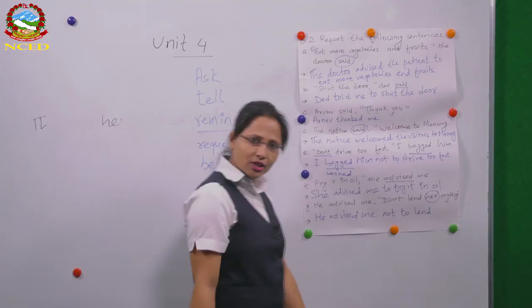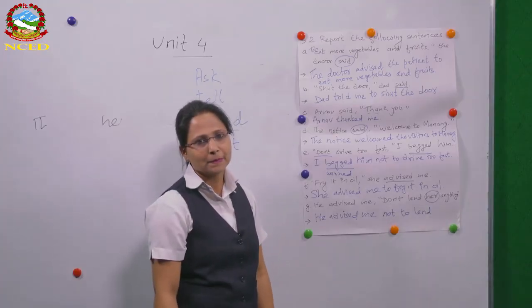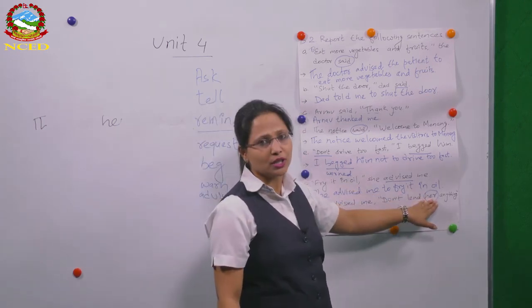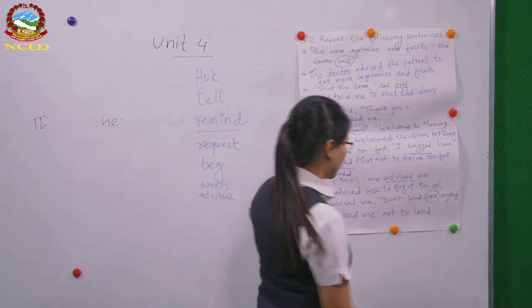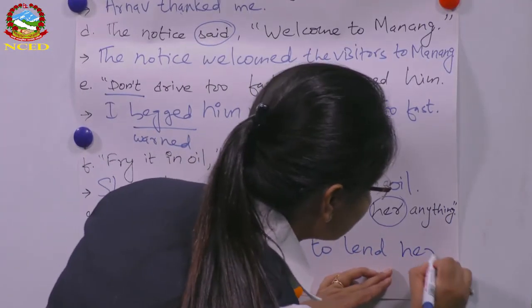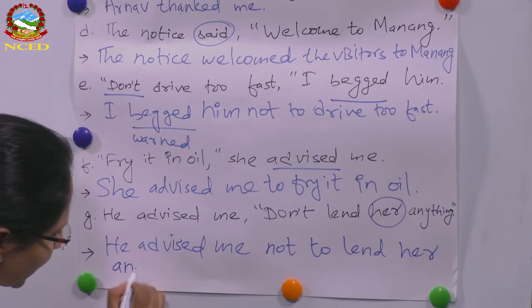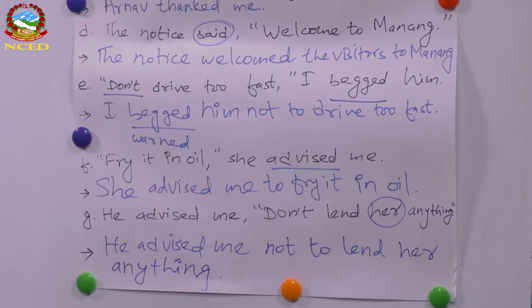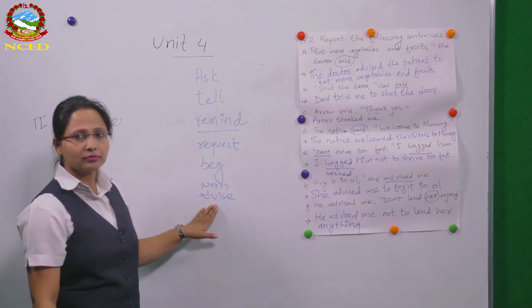Do we need to change it? What do you think? Yes, right. This is a third person pronoun, so we don't need to change it. It remains the same. Not to lend her anything. And advice is already there in our list.